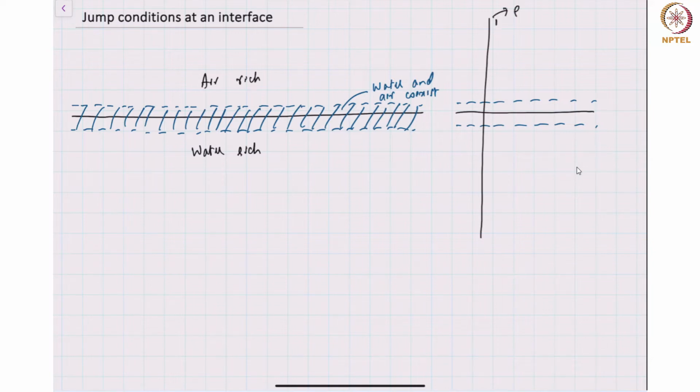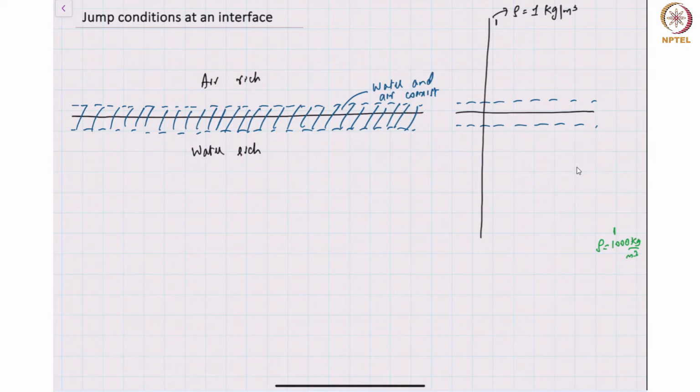This figure is not to scale. Density is 1 kilogram per meter cube; this is the density of air. And the density of water, let's show it with a different color, is 1000 kilogram per meter cube.